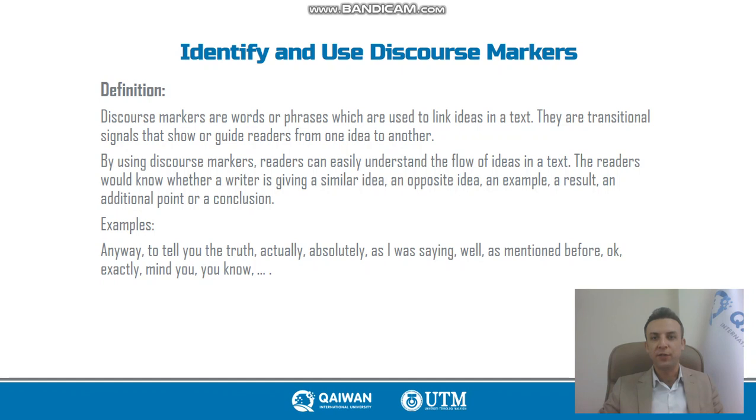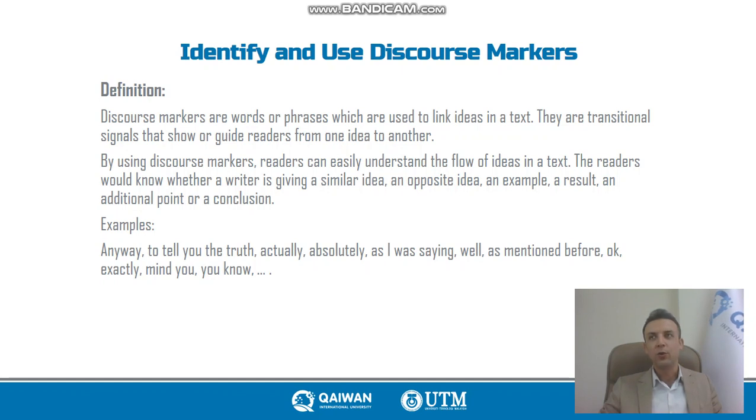So we have definitions for discourse markers, as you can see here. They are words or phrases which are used to link ideas in a text. They are transitional signals that show or guide readers from one idea to another. So discourse markers can play the role of transitions, the words that we use to join ideas together. By using discourse markers, readers can easily understand the flow of ideas in a text.